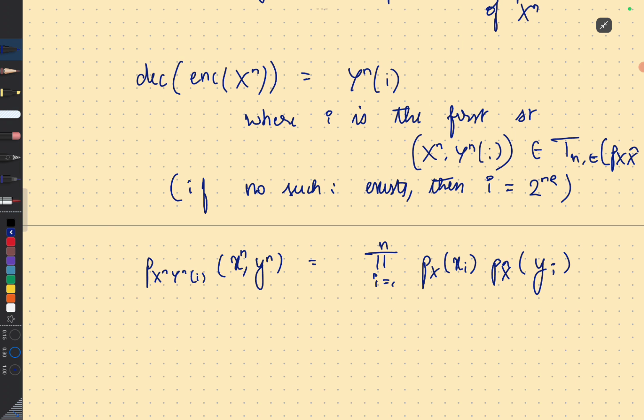When we consider all possible combinations of x and y, it would be less than the entire combination in the joint distribution. The joint distribution for x and x hat will have a larger number of points.